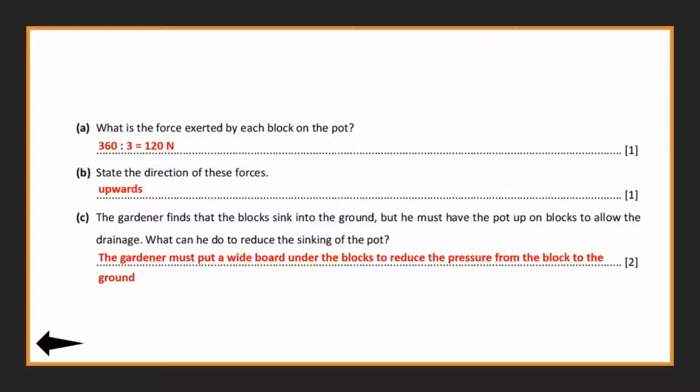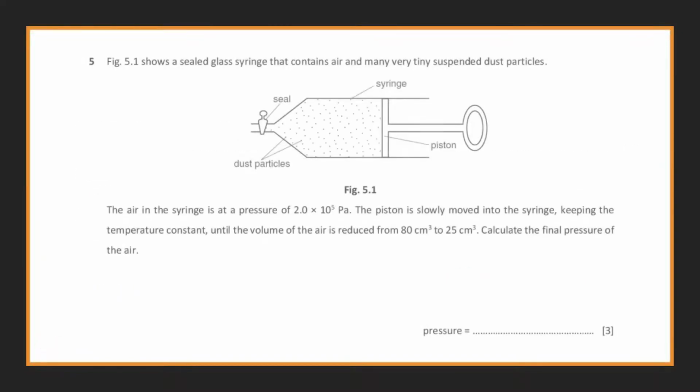Let's continue our discussion to number 5. Figure 5.1 shows a sealed glass syringe that contains air and many very tiny suspended dust particles.